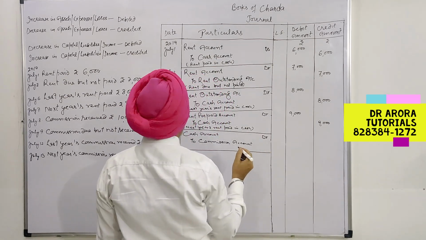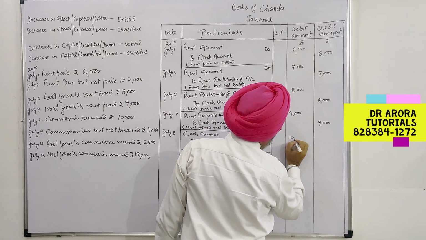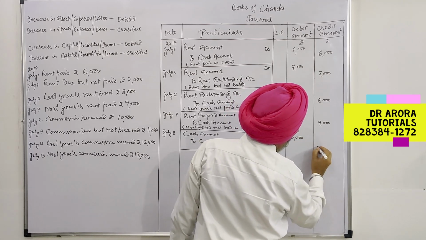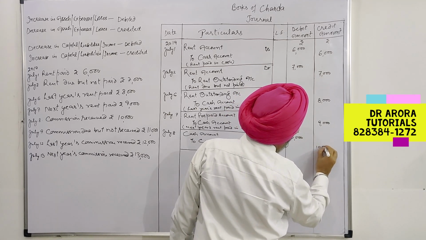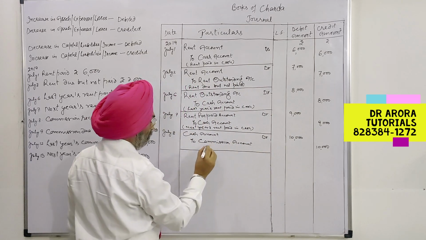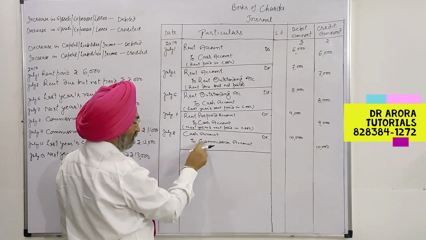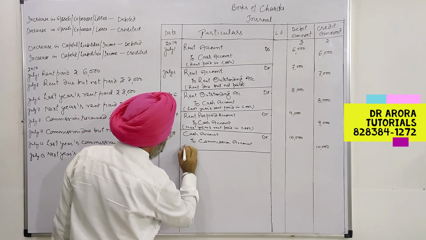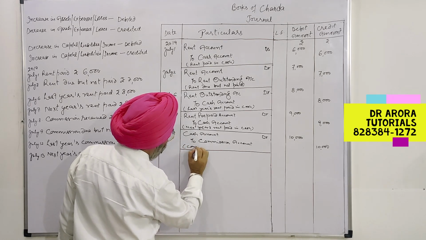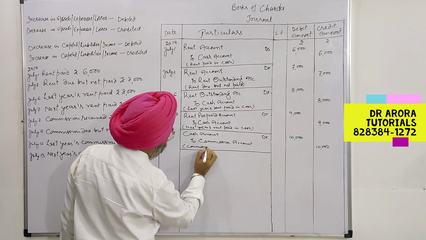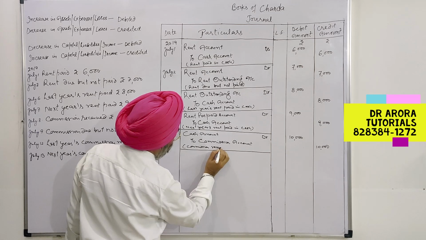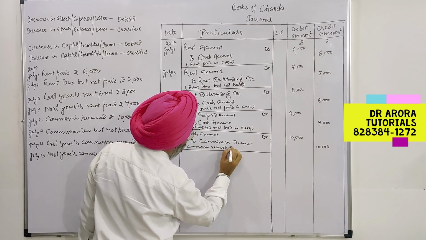So this will be 10,000. Increase in asset and increase in income. Debit what comes in and credit all incomes. So this is the commission received in cash.